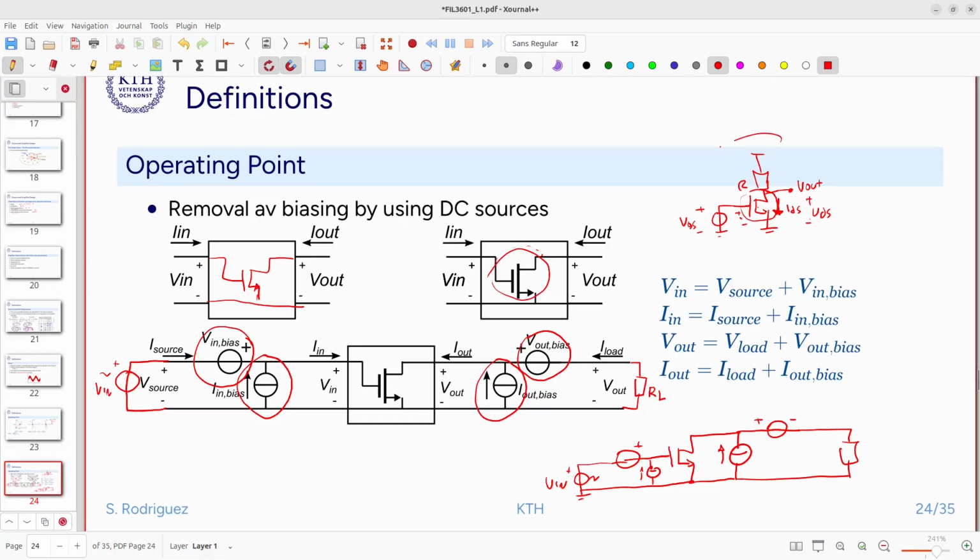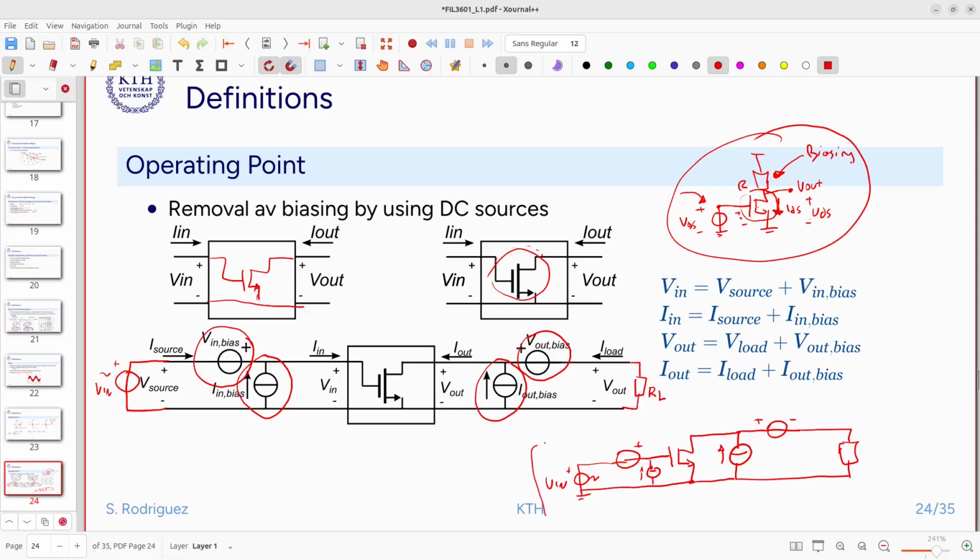Now, in this particular case, we implemented the biasing through this resistor here, and then partially also through this gate to source voltage that we don't mention where it comes from, but we expect to have it coming from somewhere. In this particular case, we have added the biasing circuit here in order to analyze a bias transistor, but most of the time we don't know how the biasing is going to look until we finish the design of the amplifier.